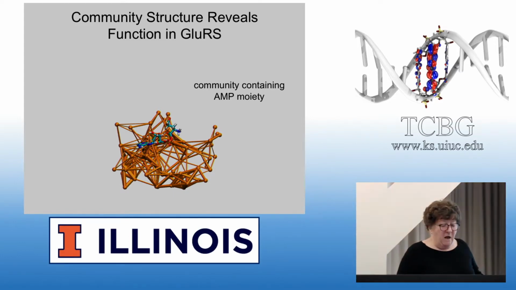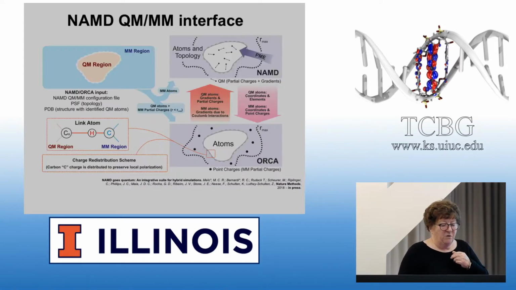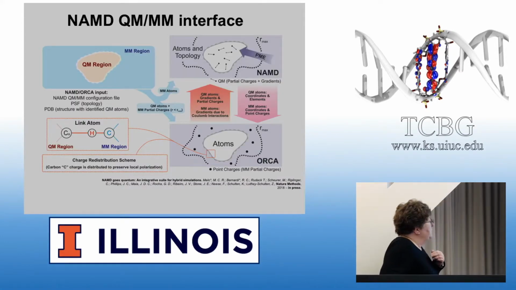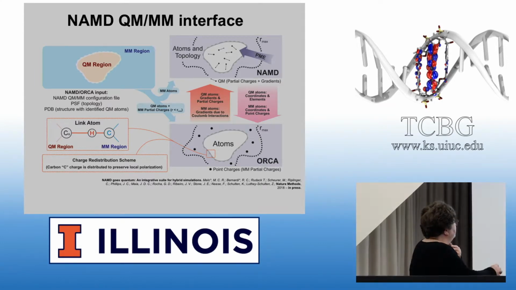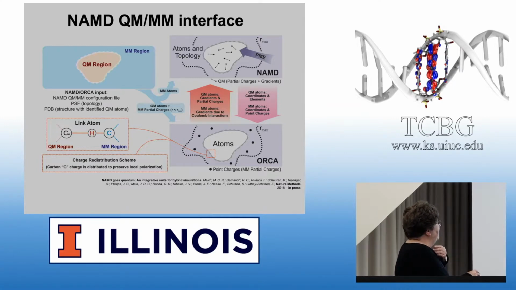Okay, so now that's all classical. We have an idea about the communities, what we should include. Now let's think quantum mechanically. So as Marcelo nicely explained, you're going to have to decide on a QM region and an MM region. Then you're going to have to decide how those two are going to communicate with one another.